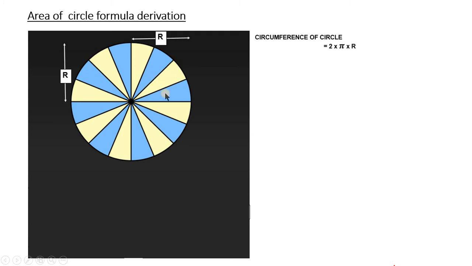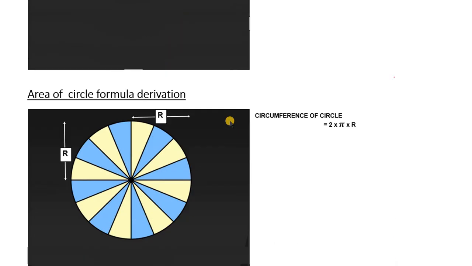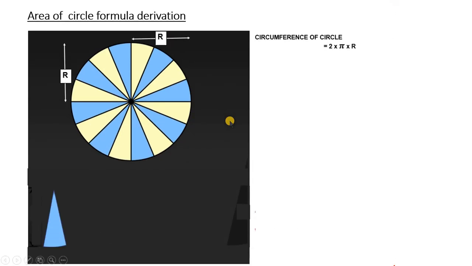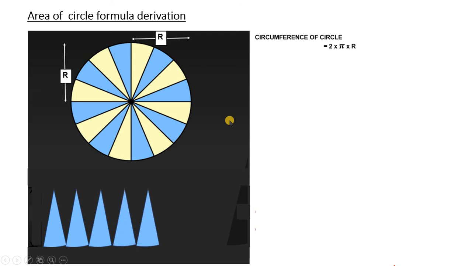Now I am going to cut all the sectors along the radii, the arc and the center point, and then I am going to arrange all the blue sectors vertically like this. I have arranged all the blue sectors.